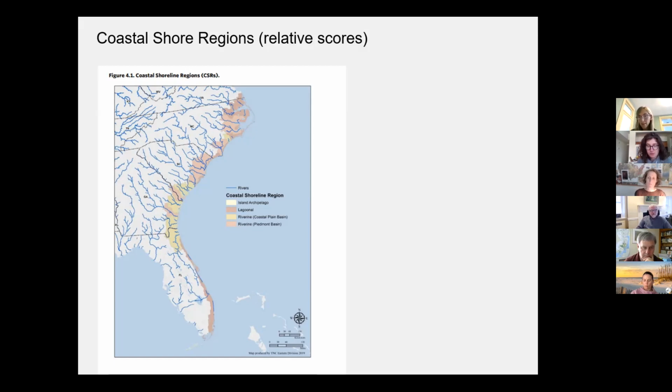In the Southeast, there are 4 that were defined: Florida's island archipelago, a lagoonal site, and 2 different types of coastal riverine sites. Each of those are really discrete and should be viewed as unique, and we should recall that scores are relative only to other sites within that type.